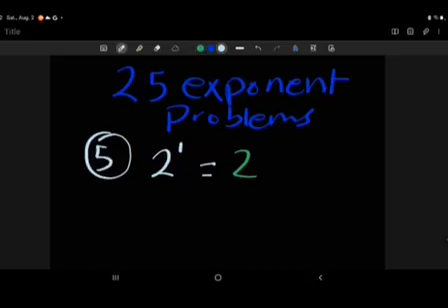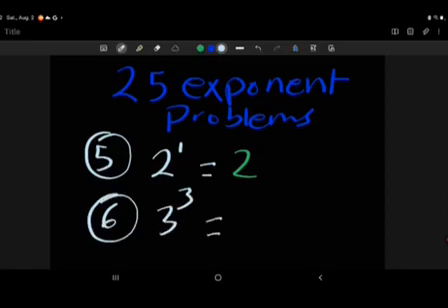So another one, question number 6, let's say we take 3 to the 3rd power, what is that going to be equal to?